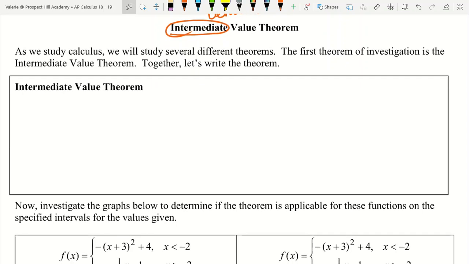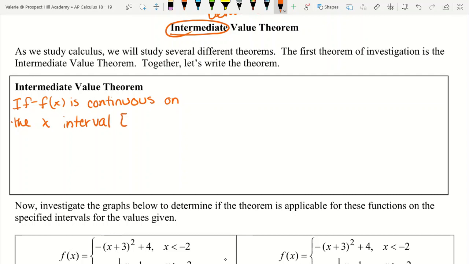So let's write this theorem together. The intermediate value theorem states that if f of x is continuous on the x interval a to b.